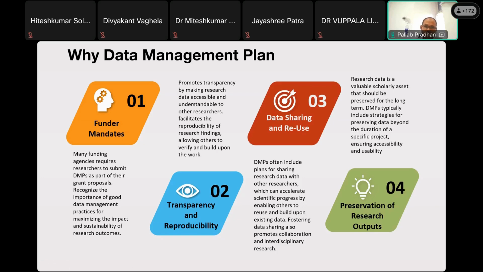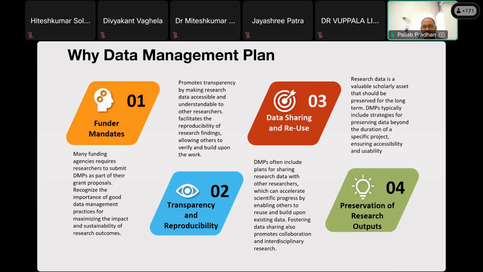And the third word is data sharing and reuse. So a DMP includes your future plans and policies for sharing your research data with other researchers, how you're going to share your data after or during the process. So your research can be accelerated, or may be reused, and some other research can build upon your existing data, which directly or indirectly leads to collaborative and interdisciplinary research.